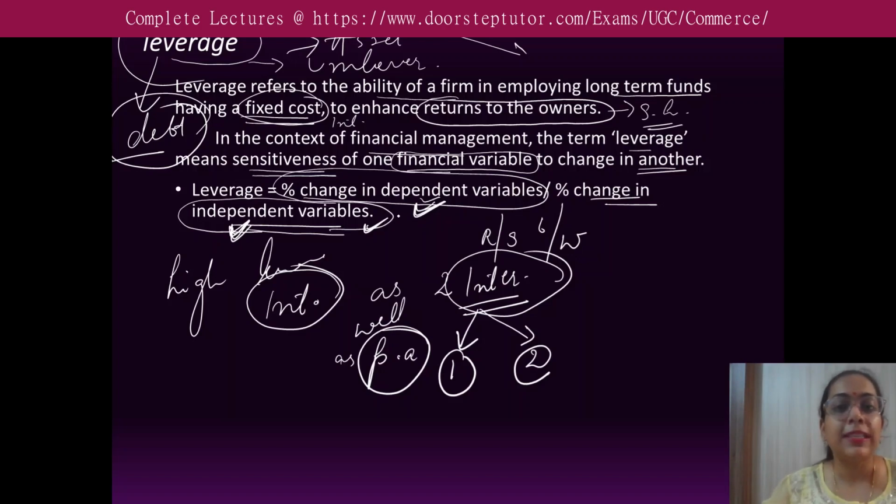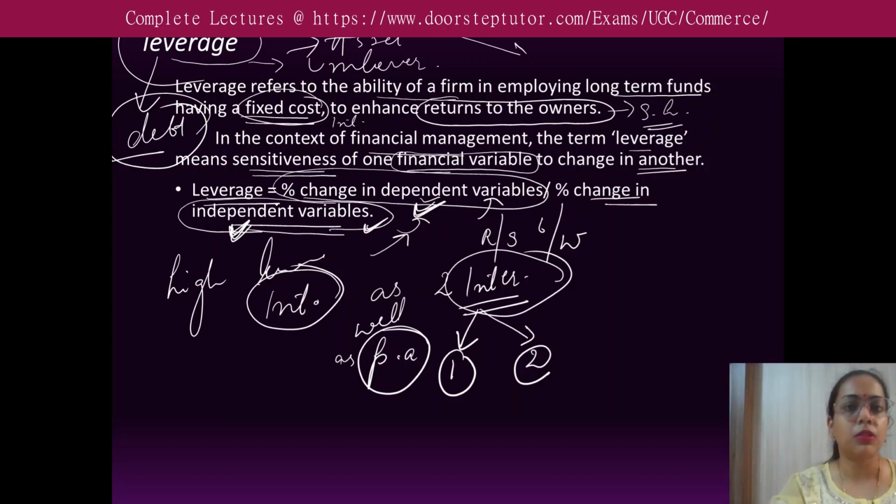Here we see the impact on profits: how we change the sales will impact the profits of the business. How we change our EBIT, that is earnings before interest and tax, will impact the earnings per share of the shareholders. This is termed leverage, to gear up, to lift something.